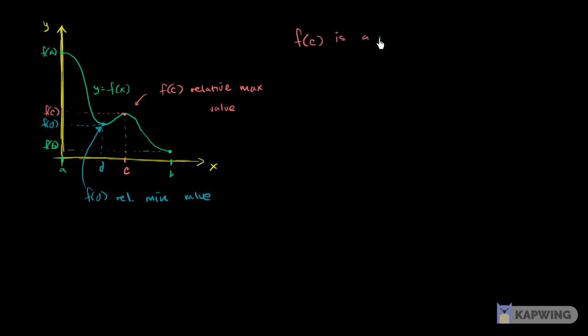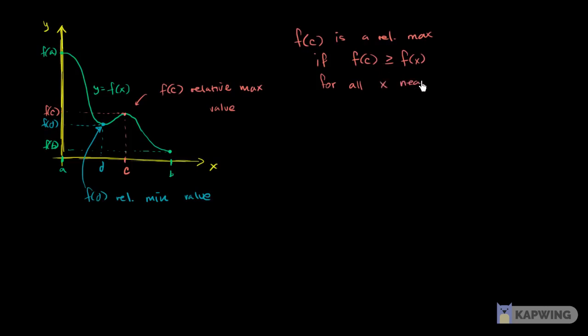is a relative maximum value if f of c is greater than or equal to f of x for all x, that we could just say in a casual way, for all x near c.